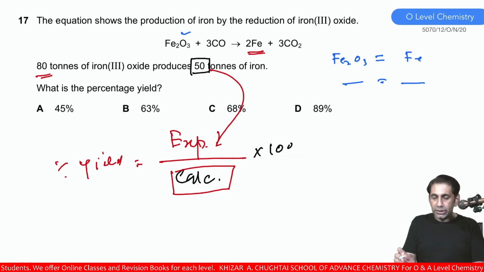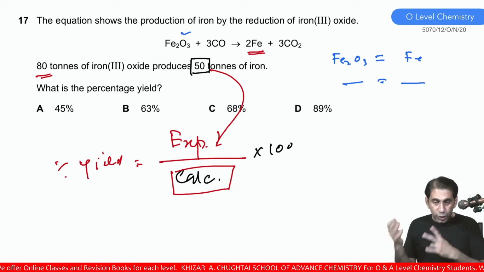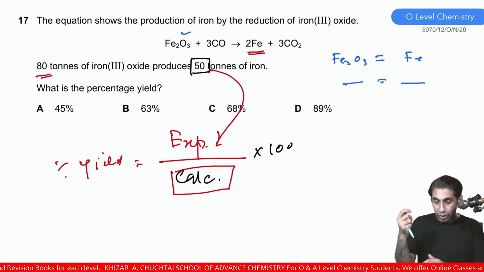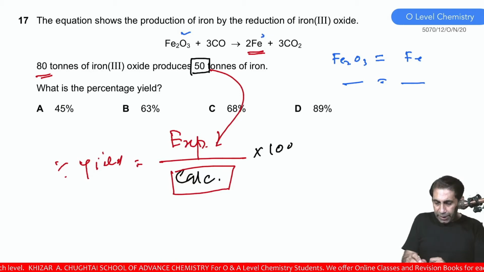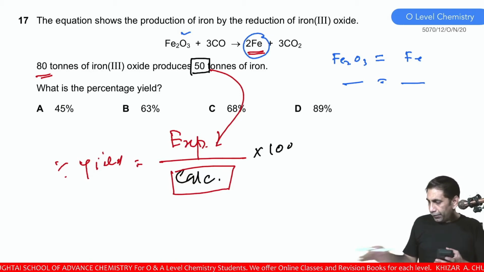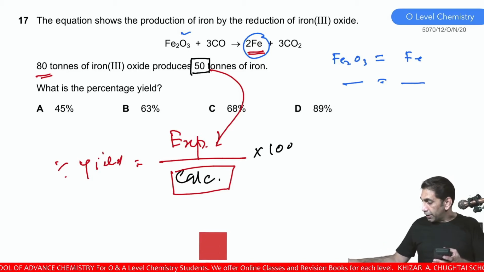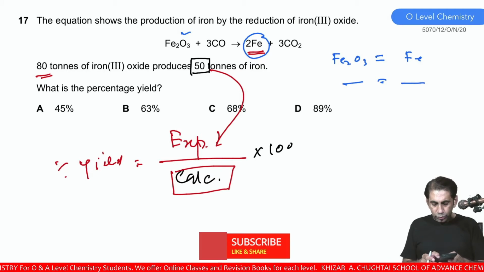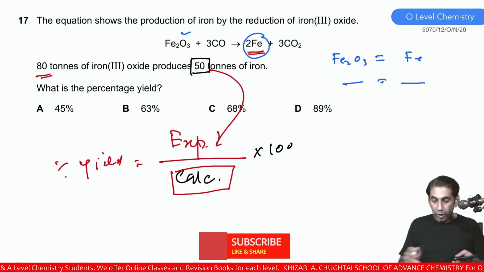The first two pieces of information for these entities, iron and iron(III) oxide, are taken from the balanced chemical equation. From the balanced chemical equation, what is the mass of 2Fe? One Fe has mass, let me check from the data booklet, 56. 56 into 2 is equal to 112.